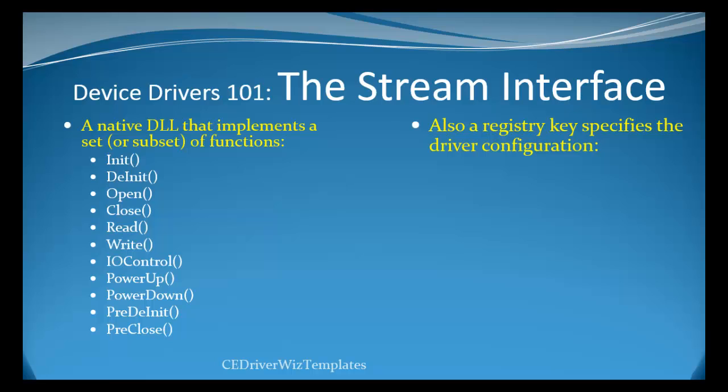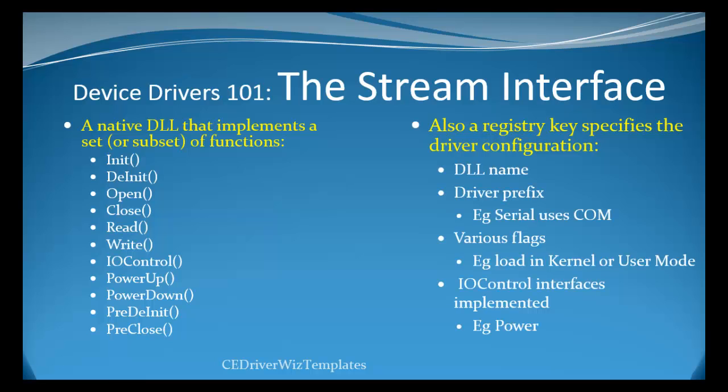Stream driver also requires some registry settings to specify some configuration issues to do with the driver. There's the DLL name, there's the prefix. The prefix, for example, like a serial driver will use a COM prefix. That's where we get the COM1 or COM2, COM3 colon. There are various flags.